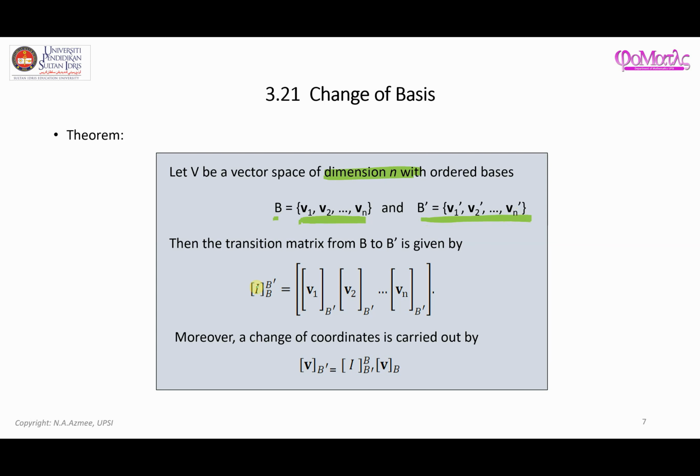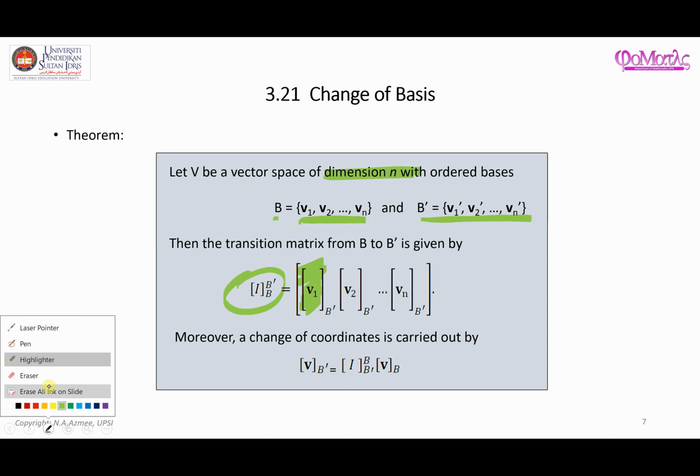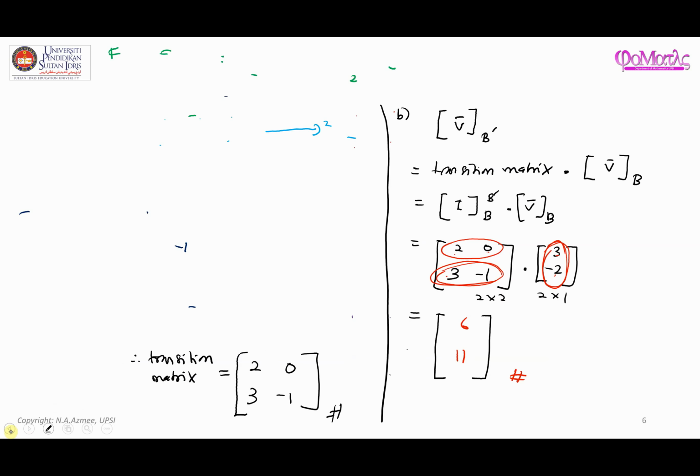For the transition matrix, we're just going to carry the process further. In order to find the transition matrix, remember to consider the first column.